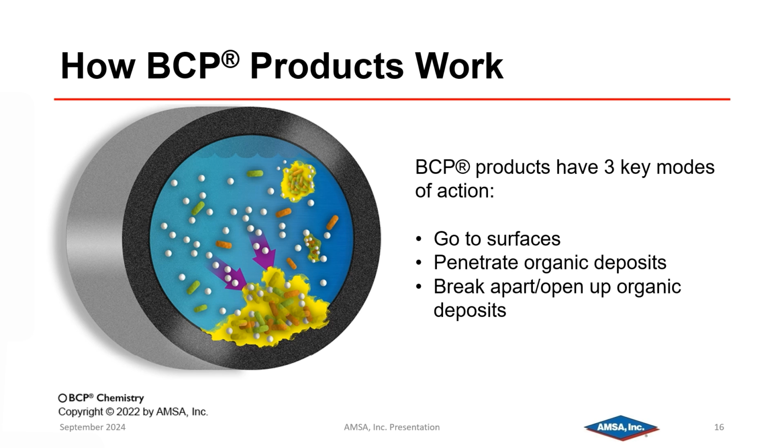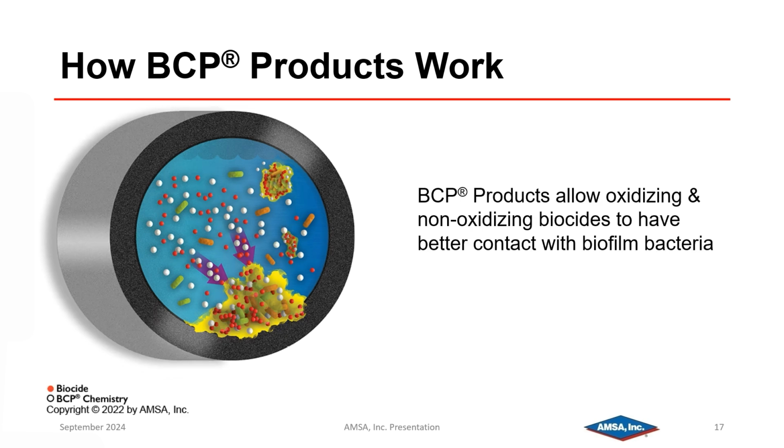When biofilm deposits are weakened or sloughed off of surfaces, it is much easier for biocides to get inside of the deposit or to surround it and kill the biofilm bacteria, as shown by this picture.